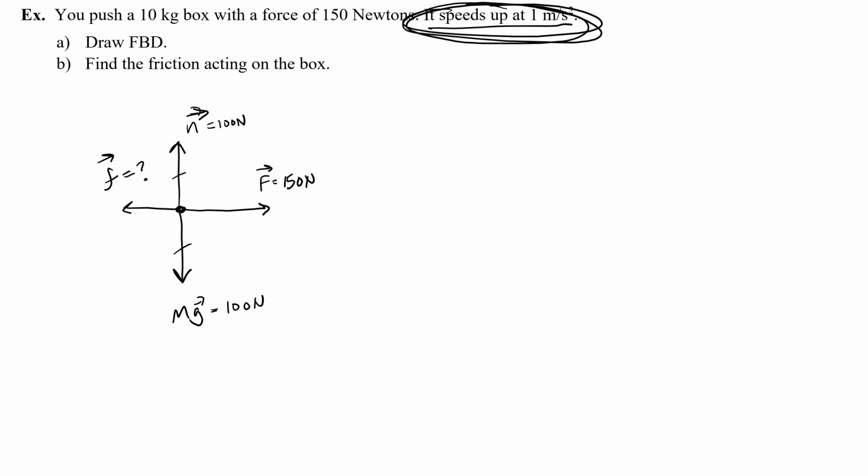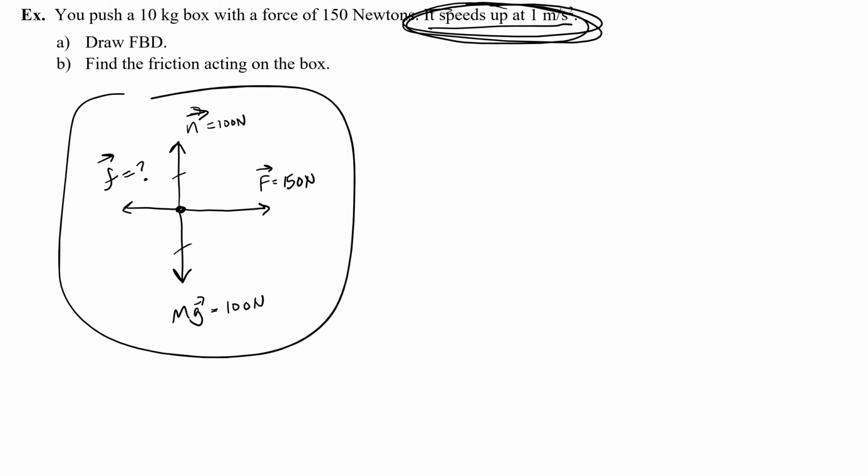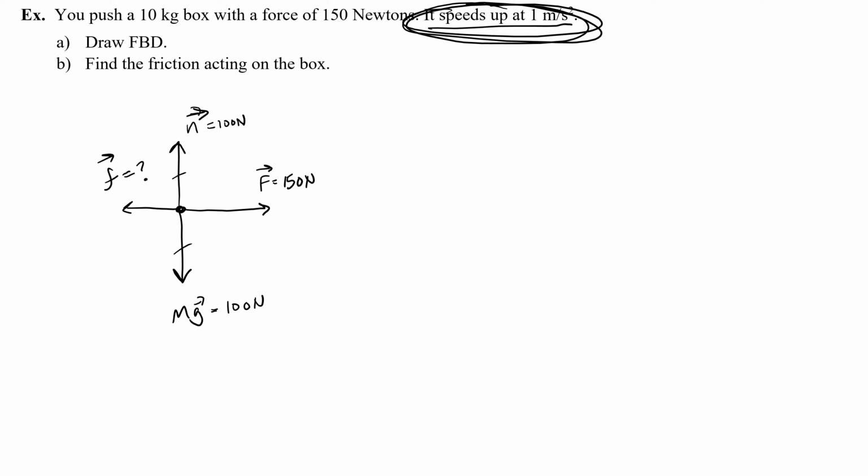Now, I still don't know what it is, but this is totally an acceptable free body diagram because, again, you don't actually have to include the numbers. You can just label the forces, and that's all you really need for a free body diagram. But let's work on finding the force of friction. You know that this object speeds up at 1 meter per second squared. So the acceleration is going to be to the right, or in the same direction as the net force.